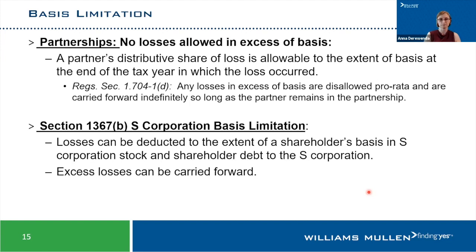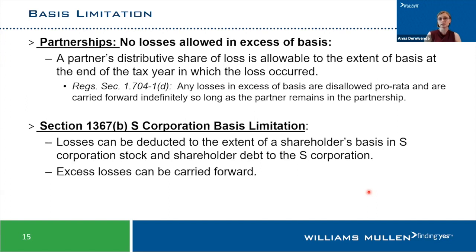partnership's liabilities. And similarly, for S corporations, a shareholder gets their basis from contributions they make to the S corporation, and certainly shares that they purchase, which is true for both partnerships and S corporations, their allocation of income.